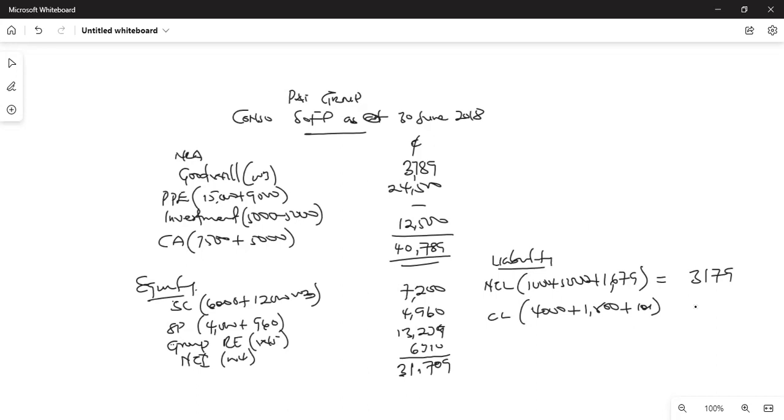Have we left something out? We have 5901. Okay, if that is the case, let's just sum it up if it balances. We have 5901 plus 3179 plus, don't forget we have the equity component here. It's just want of space. So we have 31709. Does it balance? Yes, it balances here.